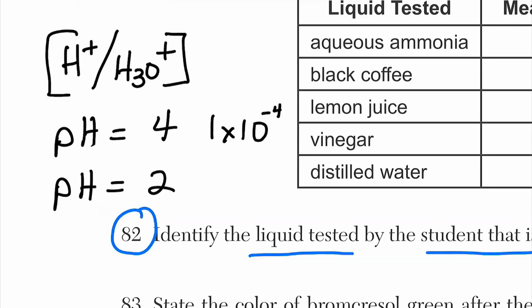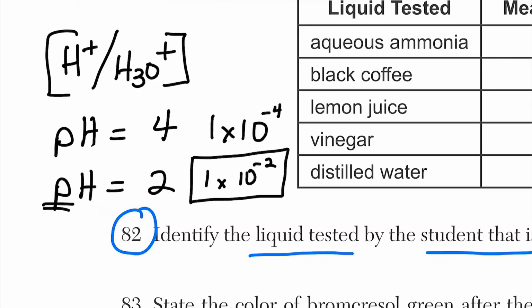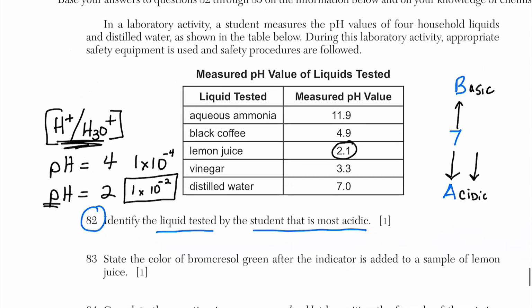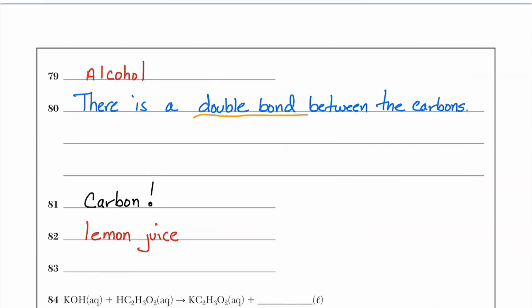A pH of 2 has to be 1 times 10 to the negative 2. Remember, pH is the positive value of that negative exponent. Who's a bigger number? By 100 times, pH of 2. So you've got more of these in a lower pH. That's how it works. In any case, if you don't like that, just do what I did: do the alphabet from the bottom to the top, A to B, 7 is in the middle, and you get more acidic as you drop downward from 7. So lemon juice. Let's go to the answer booklet. So I said lemon juice.